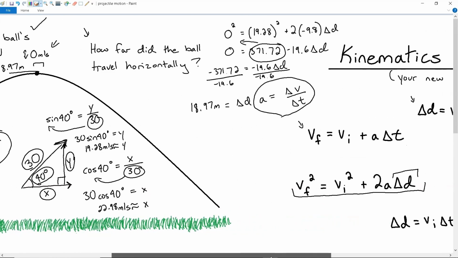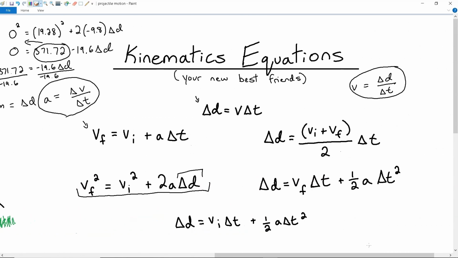Let's look back at our kinematics equations. And immediately I look at this one. Whoops, let's try that again. Because once again, I already have VF and VI, which is final velocity and initial velocity. And I also have acceleration. So I can solve for how long the ball is in the air.